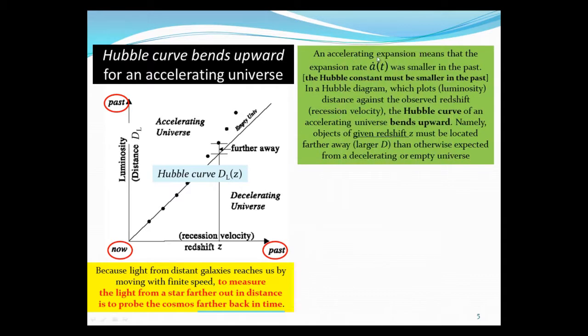An accelerating expansion means that the expansion rate was smaller in the past, which means the Hubble constant must be smaller in the past, right? Because the Hubble constant is A dot over A. In the Hubble diagram, which plots luminosity distance against the observed redshift, the Hubble curve of an accelerated universe bends upward.